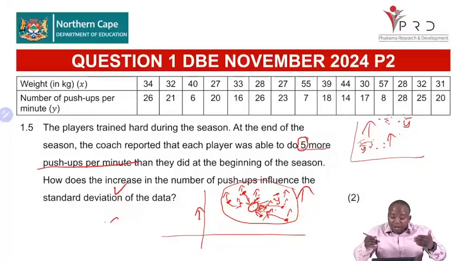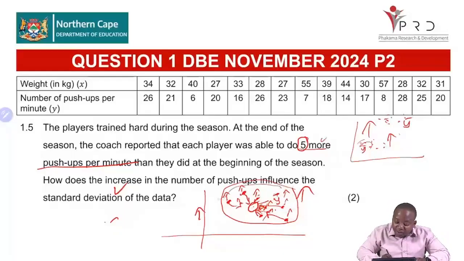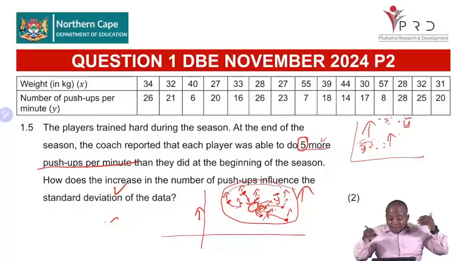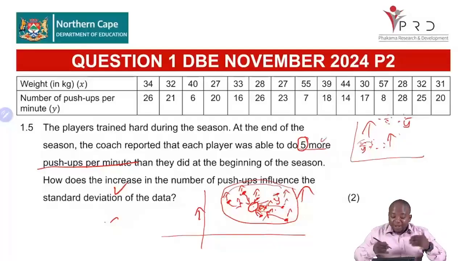So when we are doing 5 more push-ups, what is going to happen is the following. The very same points are going to move with that mean value. Remember that, right? So all of these points are moving up by 5, all of them. So the whole scenario, all of these points are still going to be spread out from the mean with the same value that we had right here.